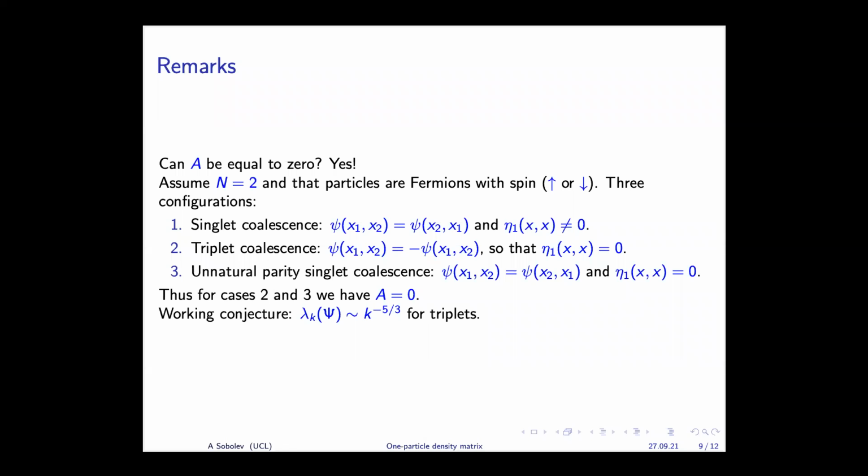Sorry about that. The singularity will be weaker for triplets because on the diagonal this function is 0, so we have to take the next term in the Taylor expansion, so it will be homogeneity 2. But this will be a non-smooth term times a smooth term, and that will give us faster decay of eigenvalues or singular values.